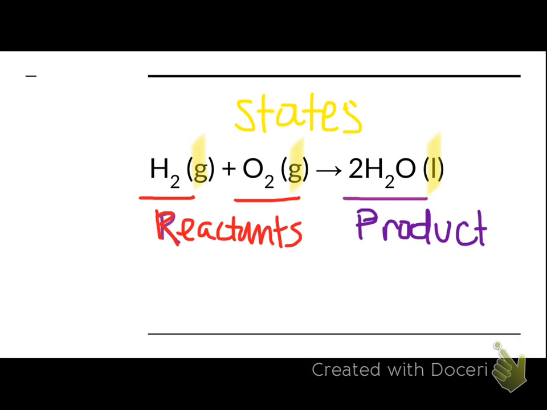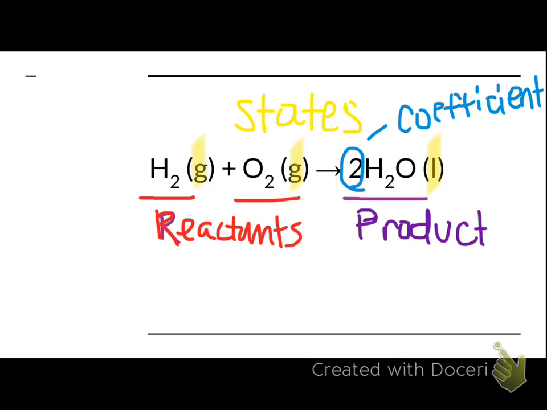Okay. And then we also have this number here. And we're going to talk about this number here in another video. But this is our coefficient. This is a number that we're going to add because we want our equation to be balanced.